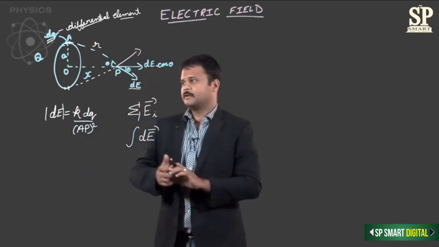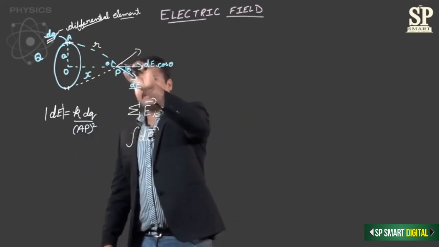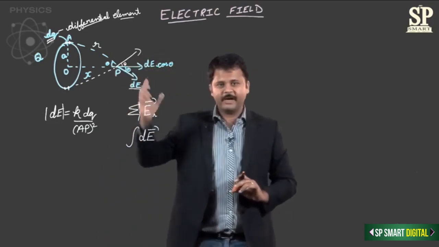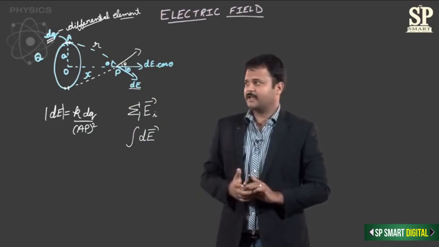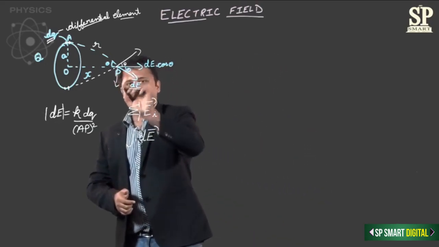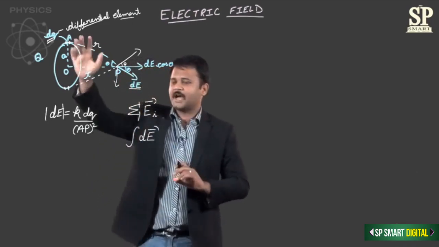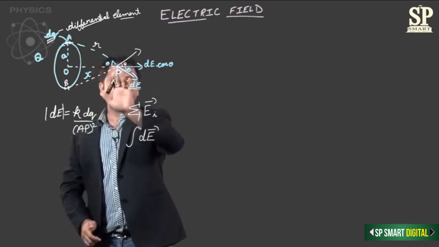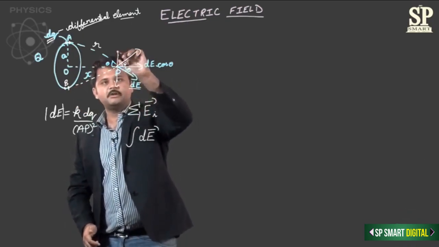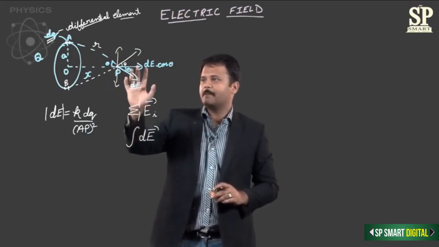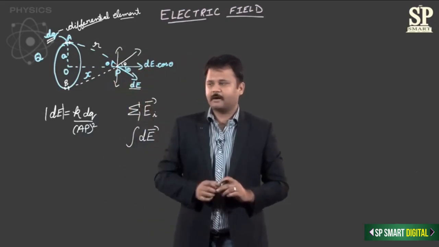Because of the symmetry, the angles will be equal, and the vertical components of these two individual electric fields will cancel out each other. You'll have a dE sine theta in the minus y direction due to charge at A, and if it is B, then a dE sine theta in the plus y direction due to charge at B. All you want to find out is the sum of dE cos theta.